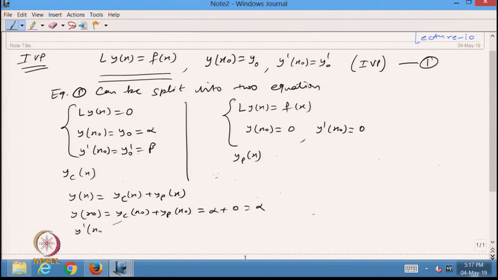And y dash at x naught will be yc dash at x naught plus yp dash at x naught, and this will be beta plus 0, that will be beta.